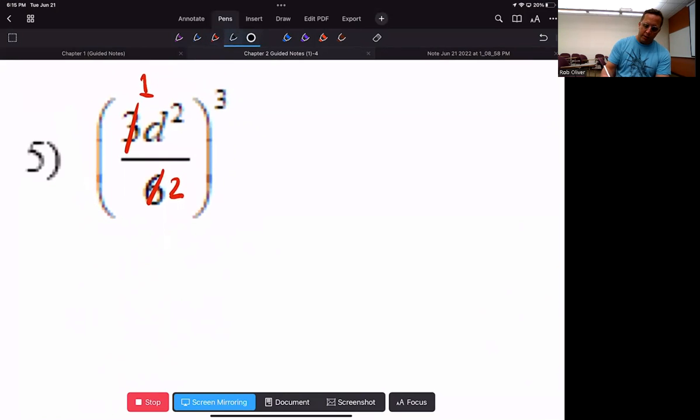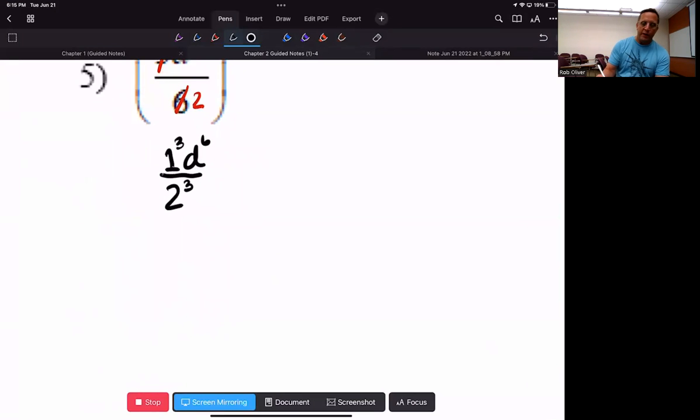And so we're doing on the top, we've got 1 cubed, which really is just 1. And then d squared cubed, which is d to the 6. That's a power to a power right there, right? And then on the bottom, we're going to do 2 cubed. Okay, and then I'm going to work all that out. So 1 cubed is just 1.